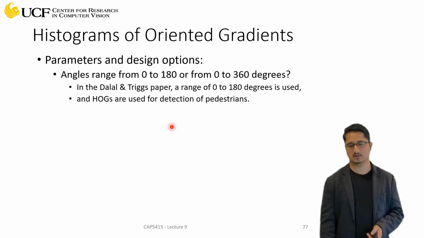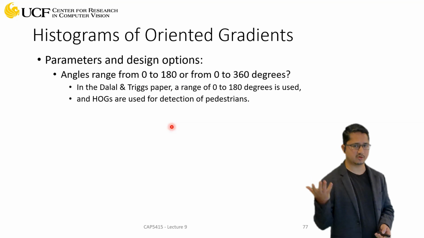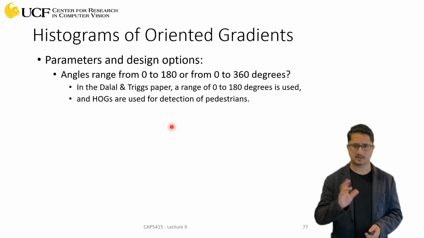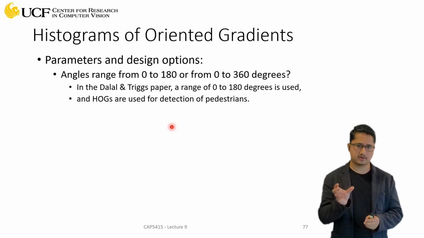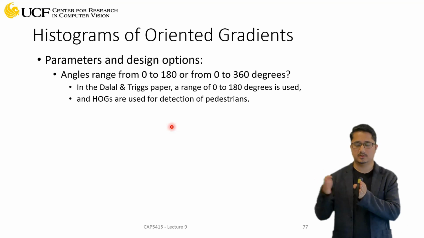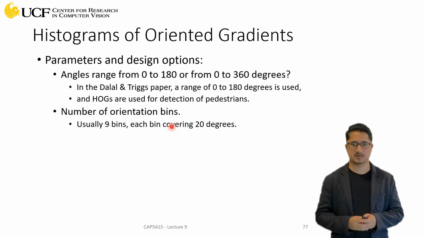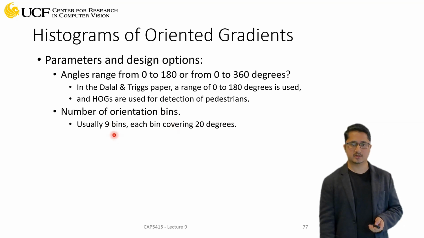So you can create bins of, let's say, 10 degrees, or it could be 30 degrees or 40 degrees, right? That's one parameter that will control the size of the histogram, and that will control the size of the feature at the end. If you're using 9 bins, which is usually the case, then each bin will cover 20 degrees.